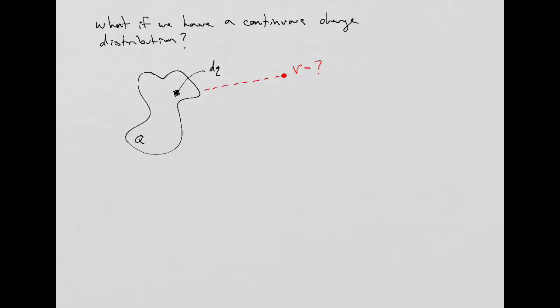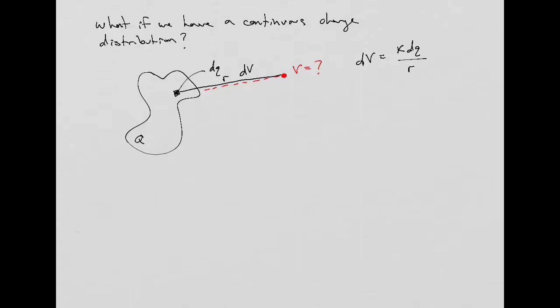And what we would do is then figure out what is the tiny electric potential, dV, associated with dq at that location. So we would need to know the distance as well. But since dq is just a tiny little patch, we can use the equation of a point charge, k dq over r.